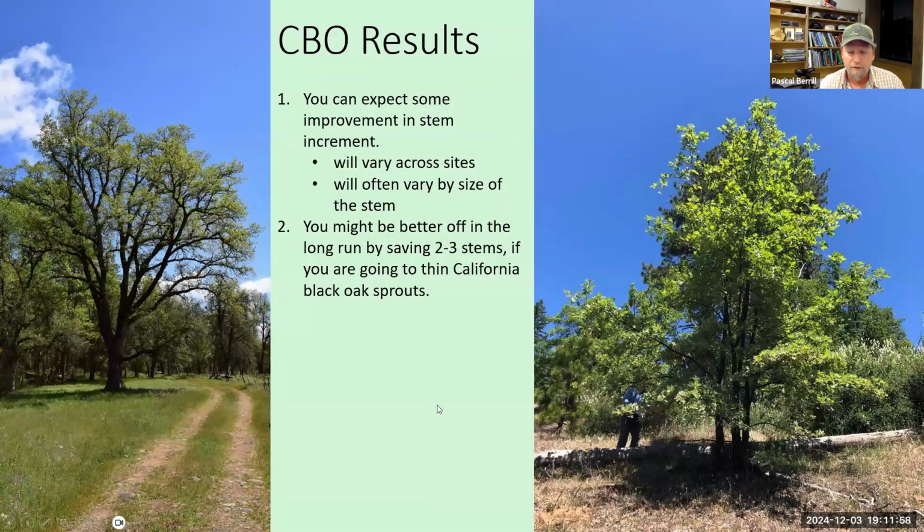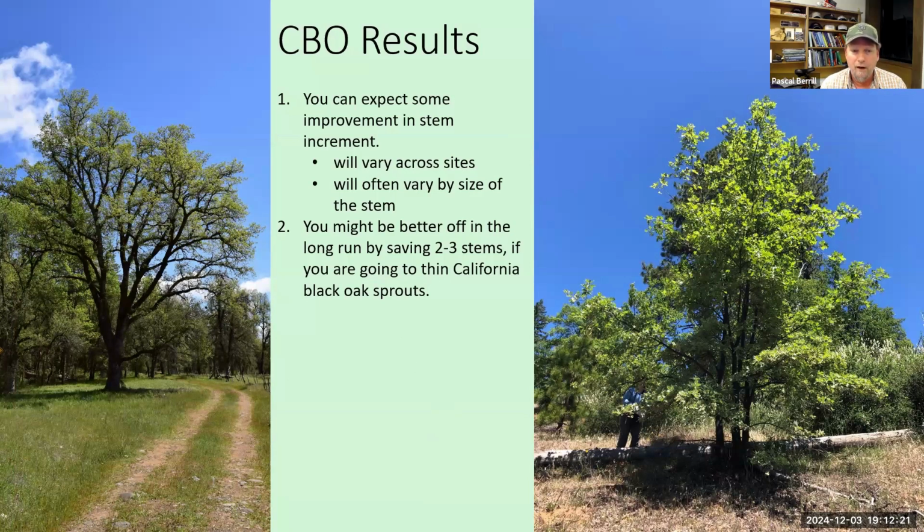Okay, so what do we take from the study? Here are the main results that I've presented. Let's just go over them again. You can expect some improvement in stem growth. That stem growth rate will vary, and the response will vary across sites, and it will vary by size.